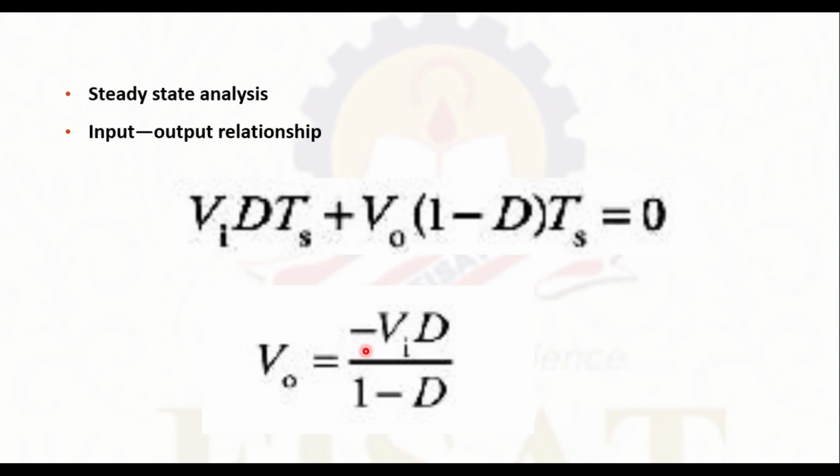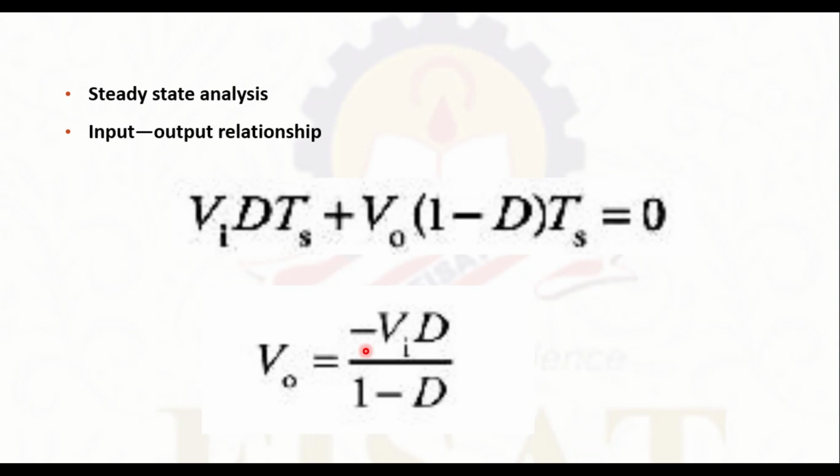When we solve this equation for Vo, we have 2 into 0.2 divided by 1 minus 0.2, which is equal to 0.4 divided by 0.8. So we will have a value equal to 0.5. 0.5 is less than 2 volt, and of course there is a negative symbol because of the inversion of input and output, but here the output voltage is lesser than the input voltage.